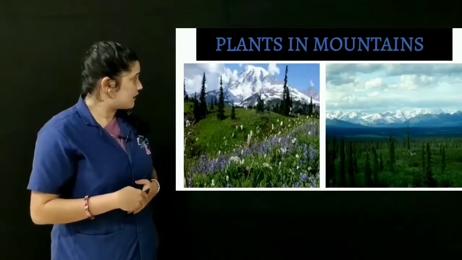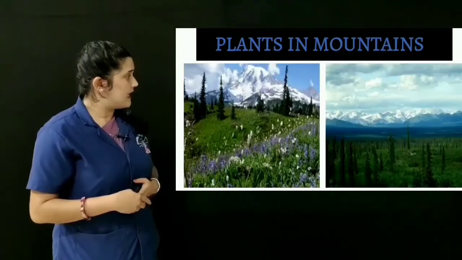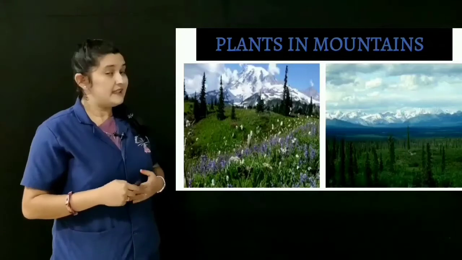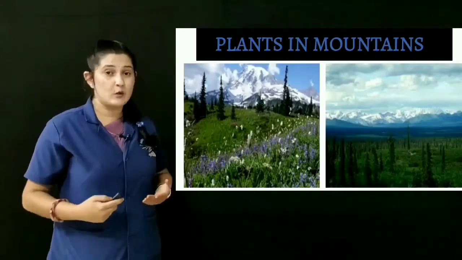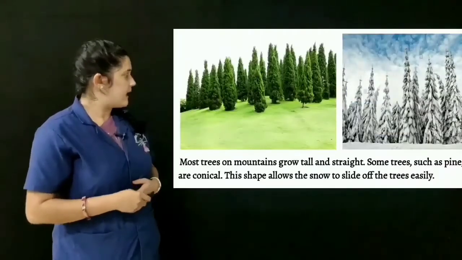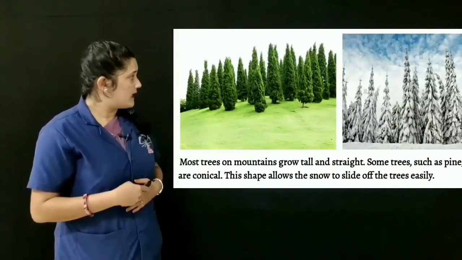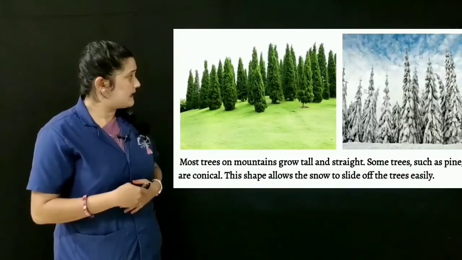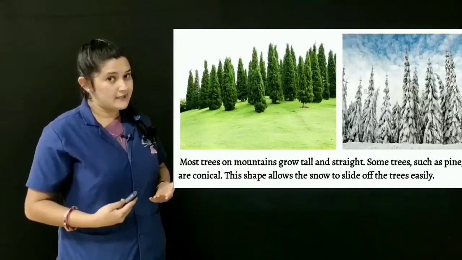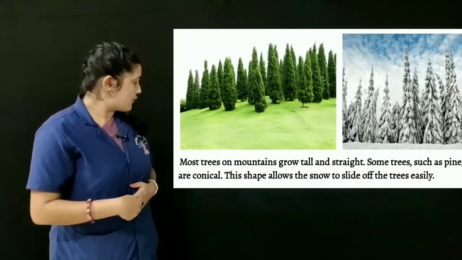Here in this picture, you can see the trees or the plants in mountains. They adapt to these crucial climatic conditions. Trees on mountains grow tall. Here you can see the trees in mountainous region. They grow tall and straight.